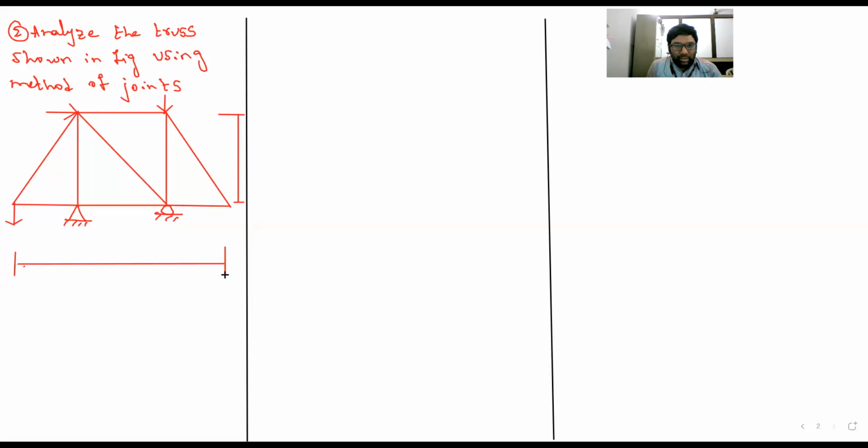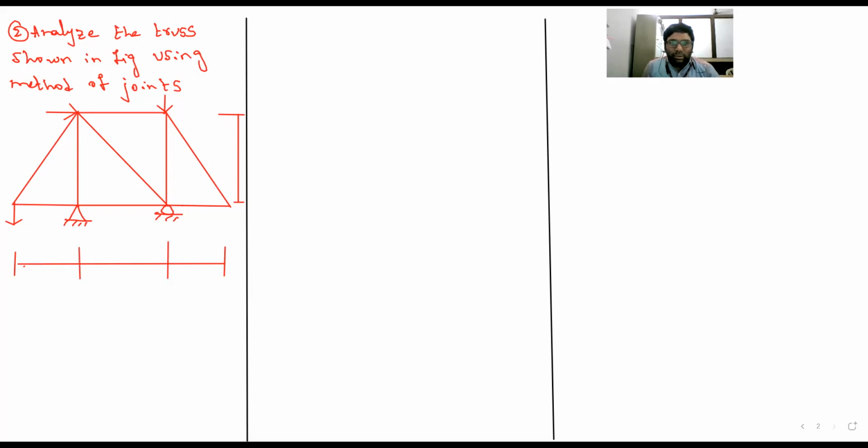Let us try to write the dimensions of the truss and the forces also.